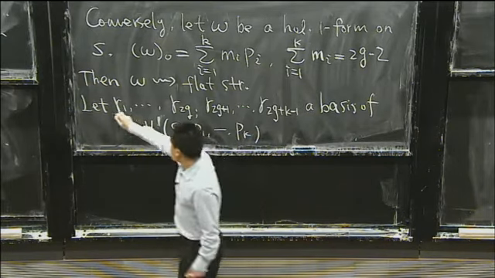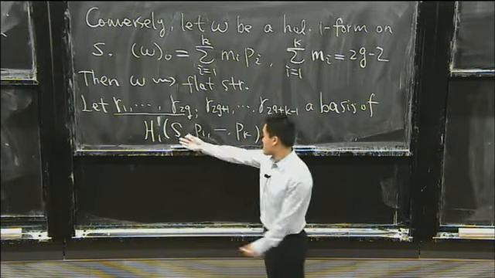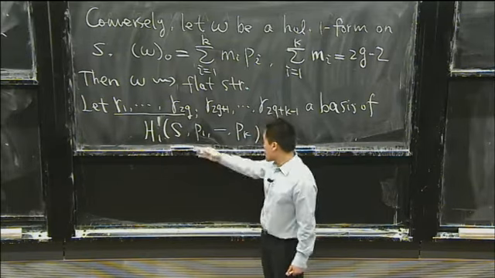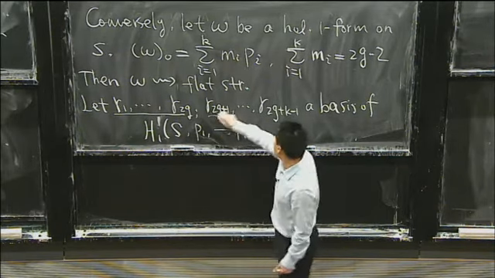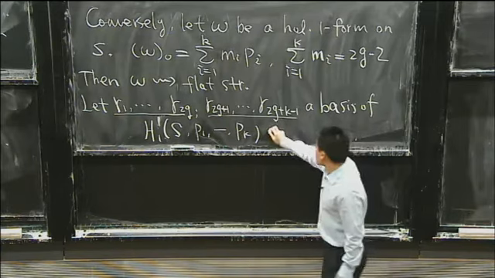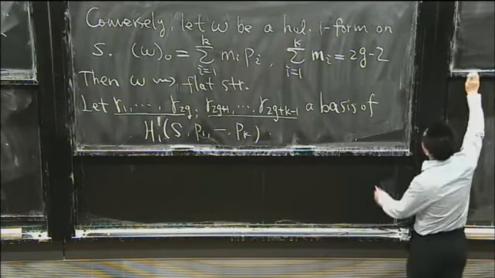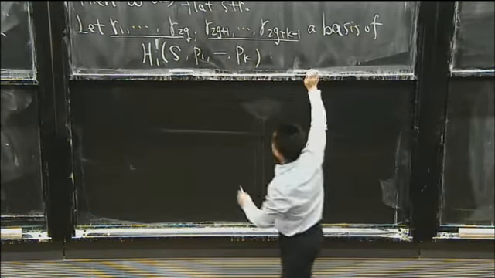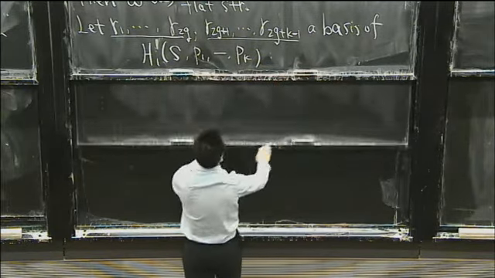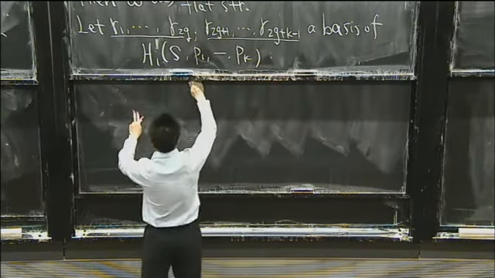So the first 2g is just the standard basis of the homology H1 of S without punctures. This additional one, say gamma i, for i bigger than 2g is the following.